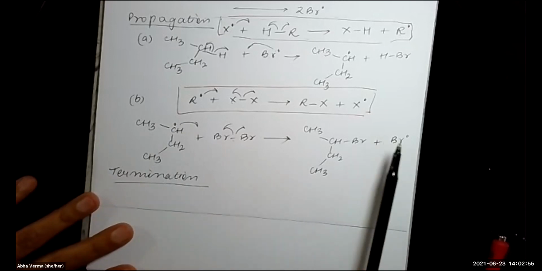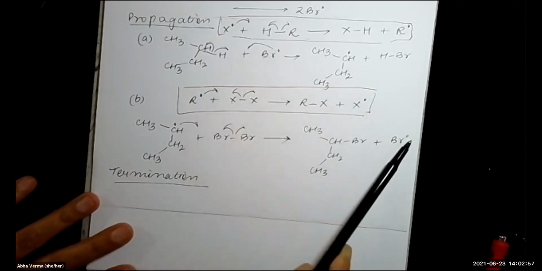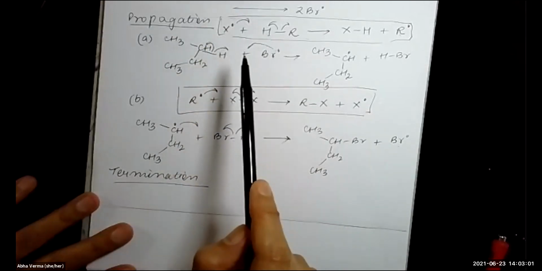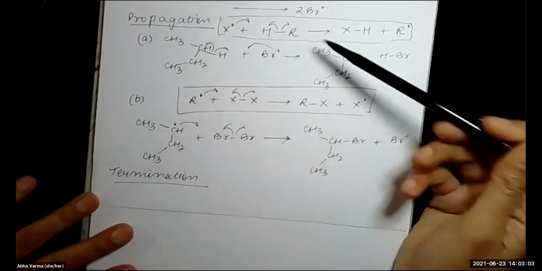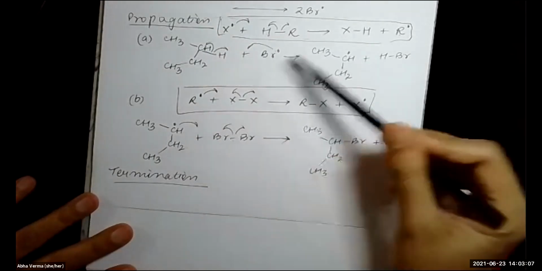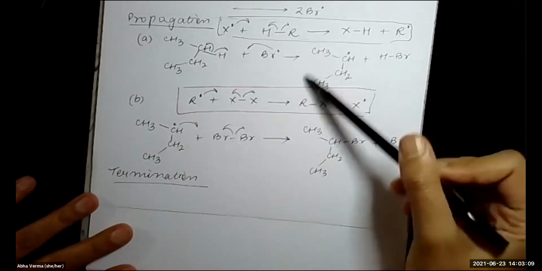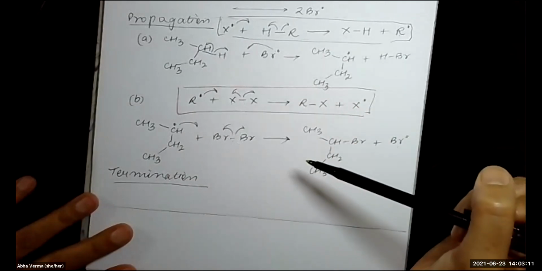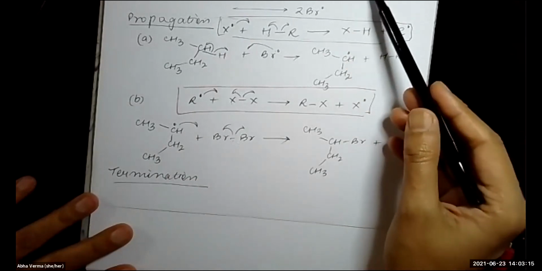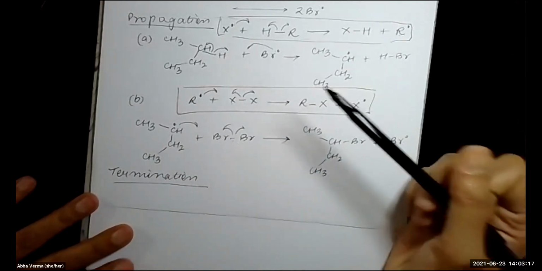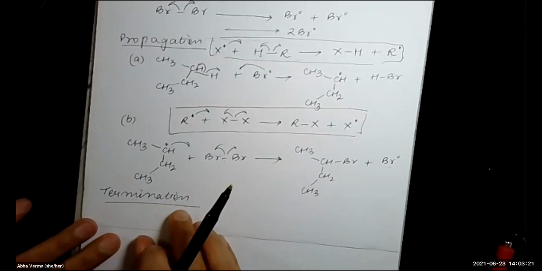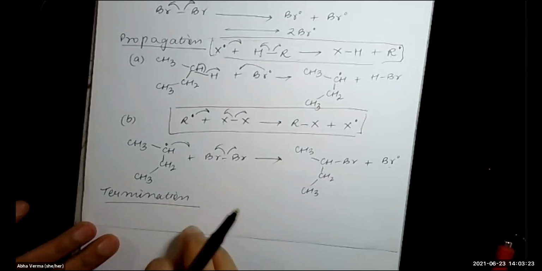What if the bromides were just attacking each other and forming bromine again? Would any reaction occur? No. What if this radical reacted with another R radical? Would you form the desired product? No. So the rate of termination reactions should be very, very small.